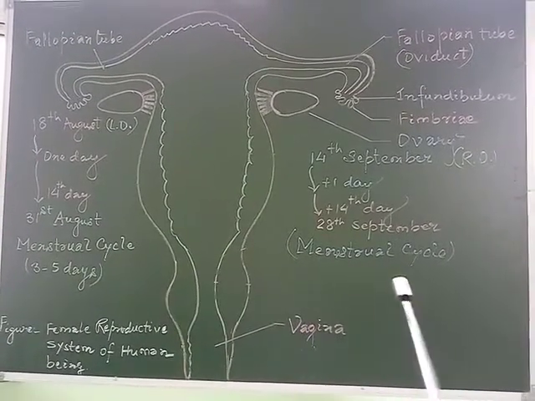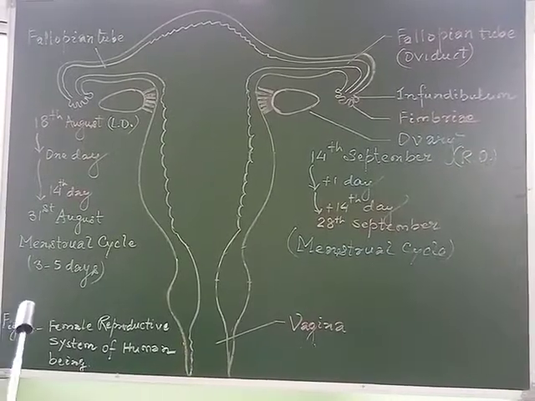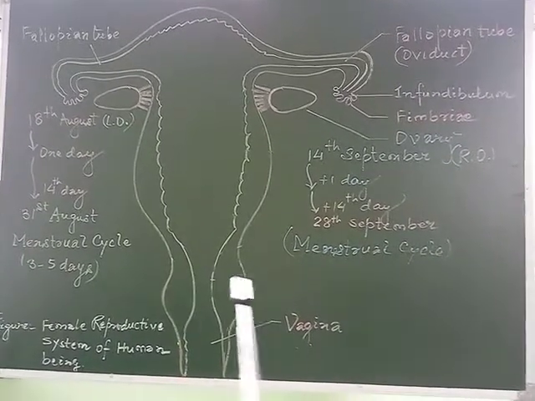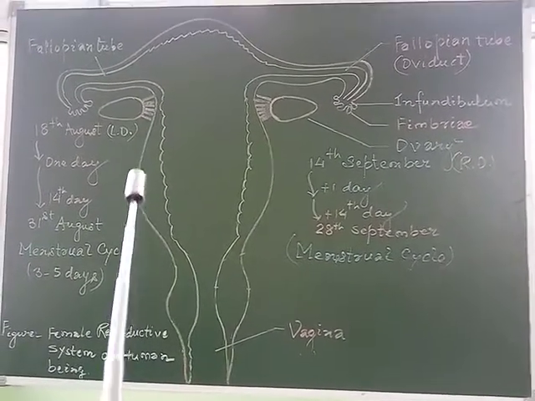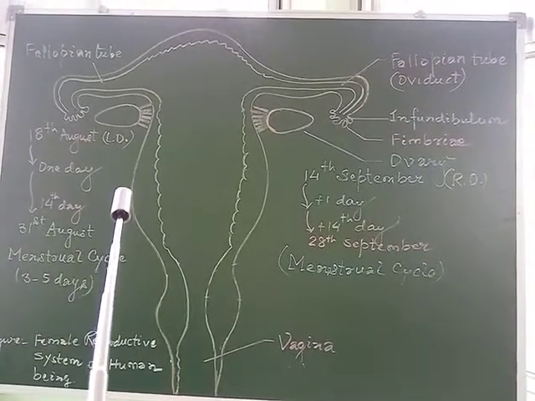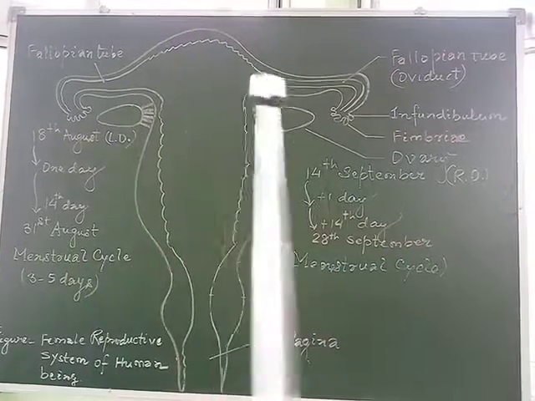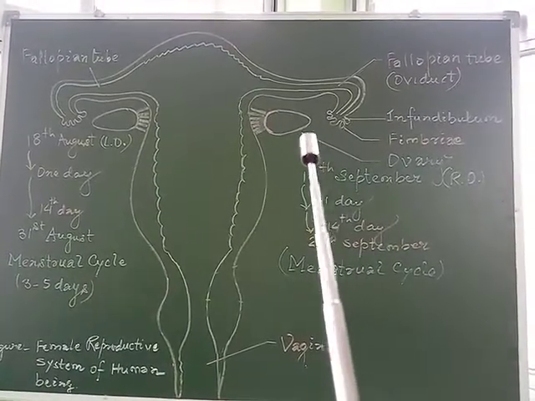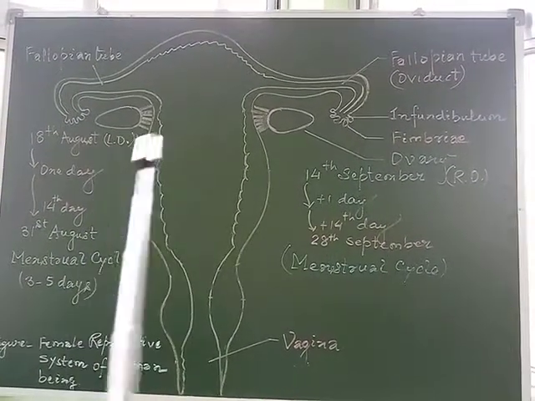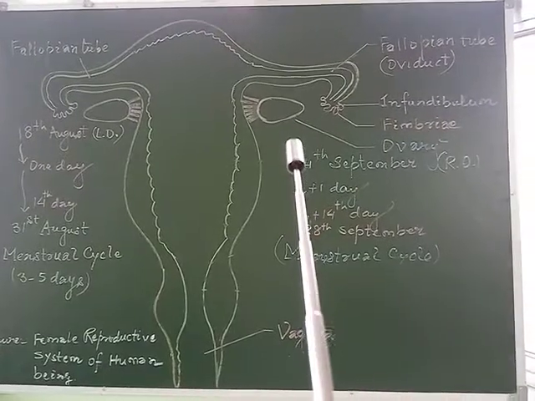Again the menstrual cycle will last about 3 to 5 days, and the cycle repeats in the same manner, alternating between the left ovary and the right ovary, about every 28 days.